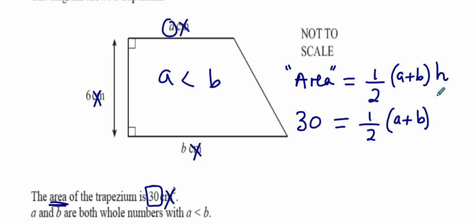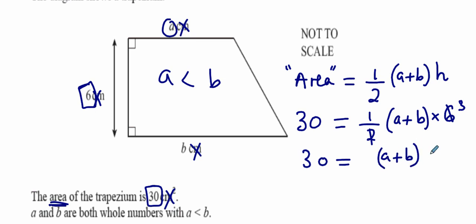But how about the height? The height is 6. See that? The trapezium is 6 centimeters high. So you put 6 there. These 2 can simplify with this 3. So this will be 30 equals A plus B multiplied by 3.